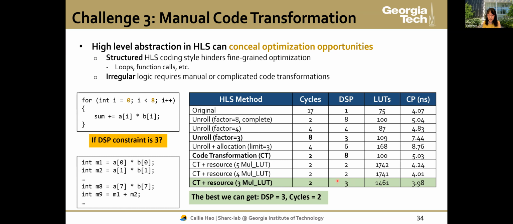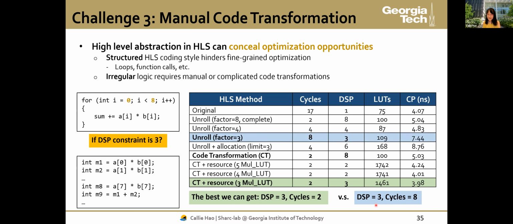In this case, we are using 3 DSPs, and we are also achieving the number of clock cycles to be 2. So this is the best we can get if we do this code transformation. And of course, there is one trade-off that we have noticed: the number of LUTs is increased. So there's always a trade-off here. We're not saying this is absolutely the best solution, but maybe at some point it can be better.